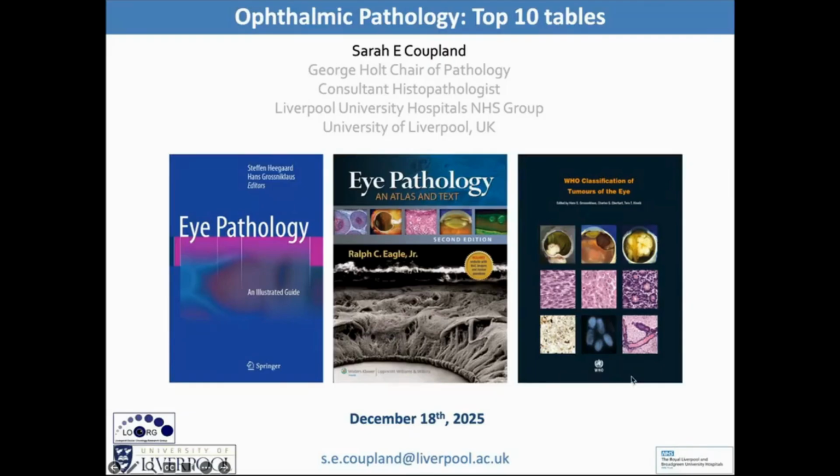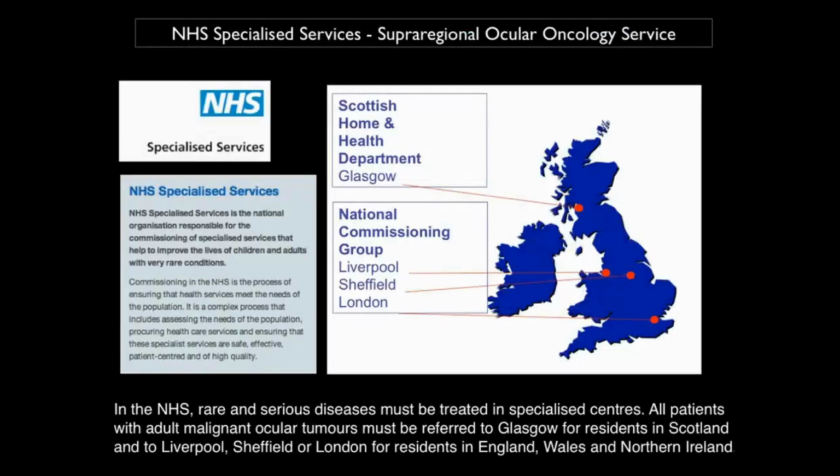On the right-hand side here, you can see the WHO classification of tumors of the eye, and this is not the latest version. The 5th edition will be coming out hopefully very soon next year. So just to explain the arrangement of ophthalmic pathology in the UK, it's sponsored by a special pot of the National Health System.